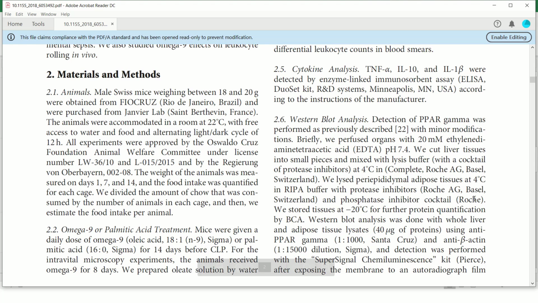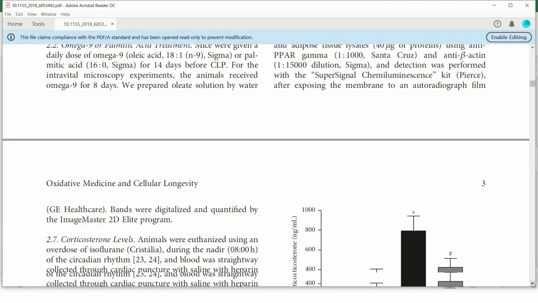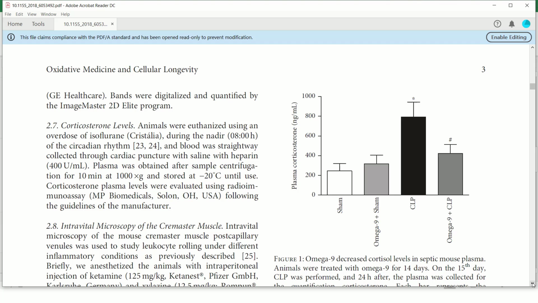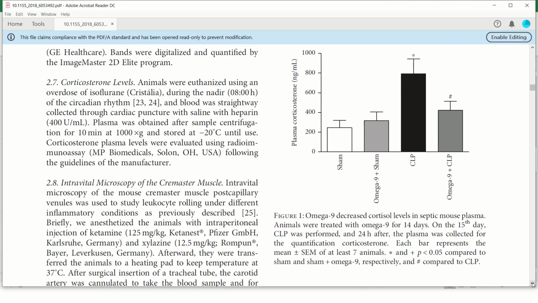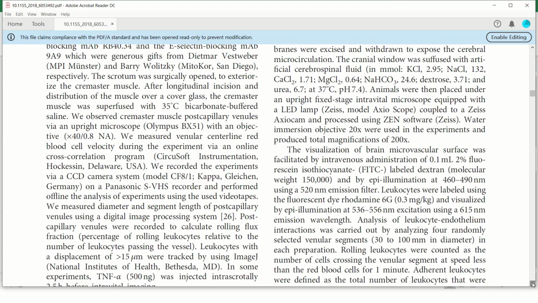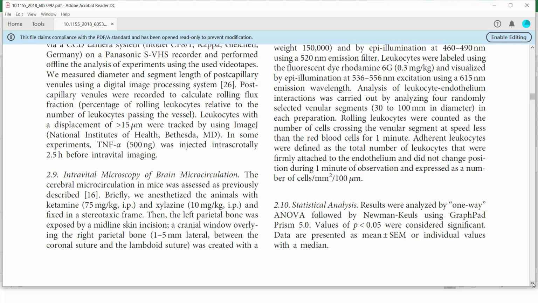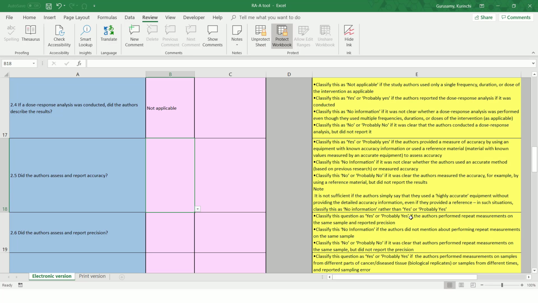They don't report the accuracy there, and they don't report the accuracy for any of the outcomes. So I'm going to say no information.